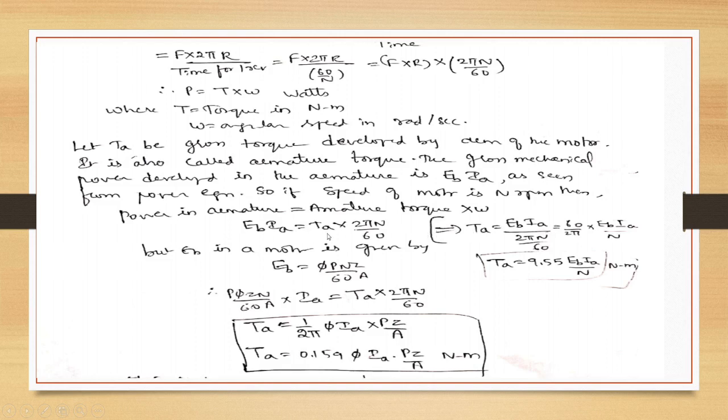From this equation, I can write TA is EbIa by 2 pi n by 60, or 60 by 2 pi into EbIa by n, or TA is 9.55 EbIa by n Newton meter. Sometimes this can be used in numericals where we are given Eb, Ia and n values. Both are okay, so you can take either as the torque equation.